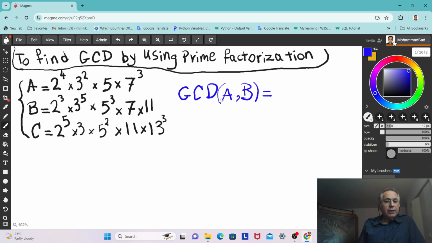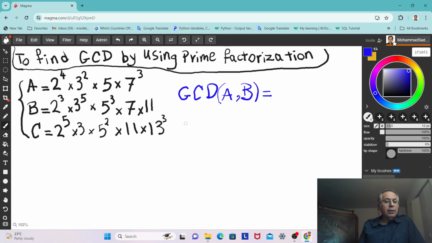First step, decomposing to prime factors, is done. Second step, recognizing the common primes. Third step, recognizing the least exponent for each prime factor which is in common. And fourth step is multiplying them together.